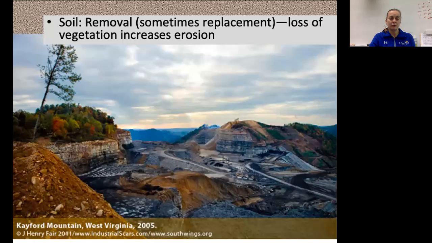Obviously, when soil is removed and then is placed back, the compaction of that soil is going to be different. It may be more prone to erosion, or it may be more compacted and more difficult to grow in. So loss of vegetation is also going to increase erosion.